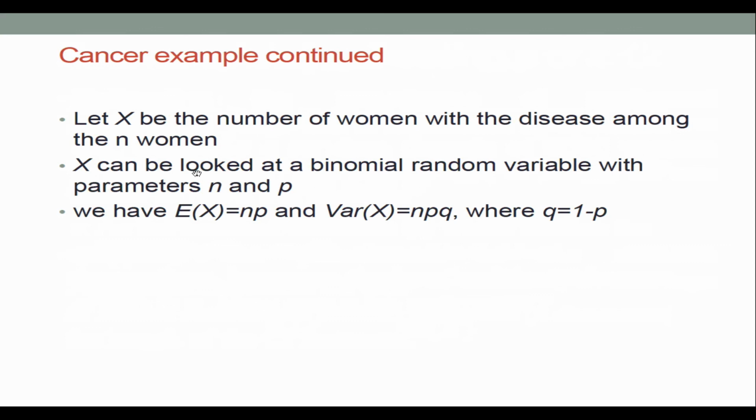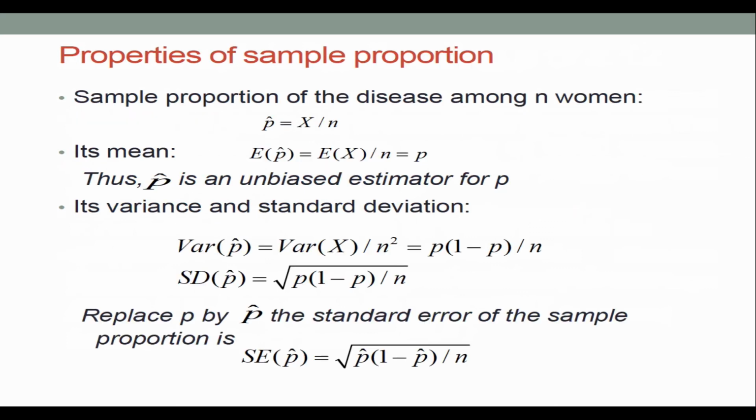If X is the number of women with the disease among the n women, X can be viewed as a binomial random variable with parameters n and p. For a binomial random variable, we know these properties: the mean is np, and the variance of X is n times p times 1 minus p, where q is 1 minus p, the failure probability.